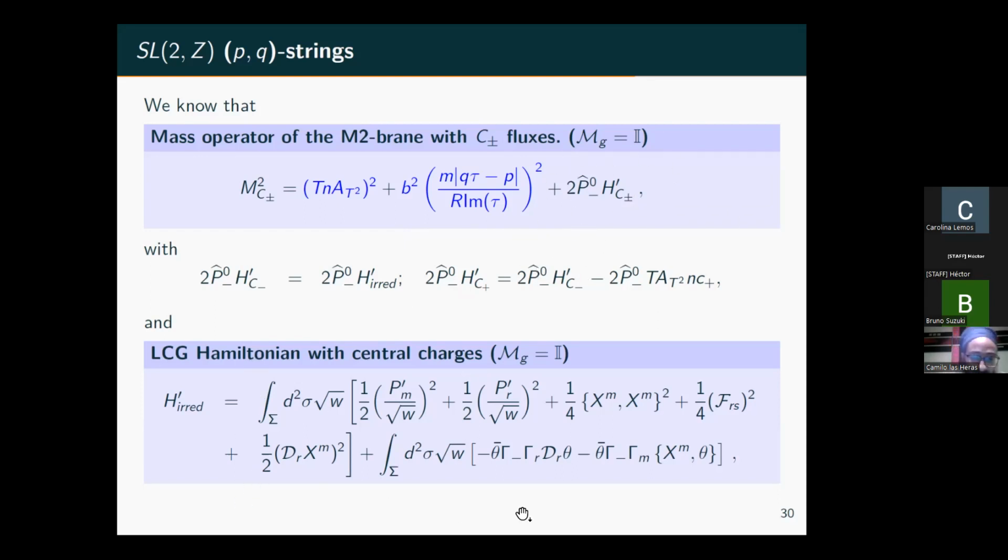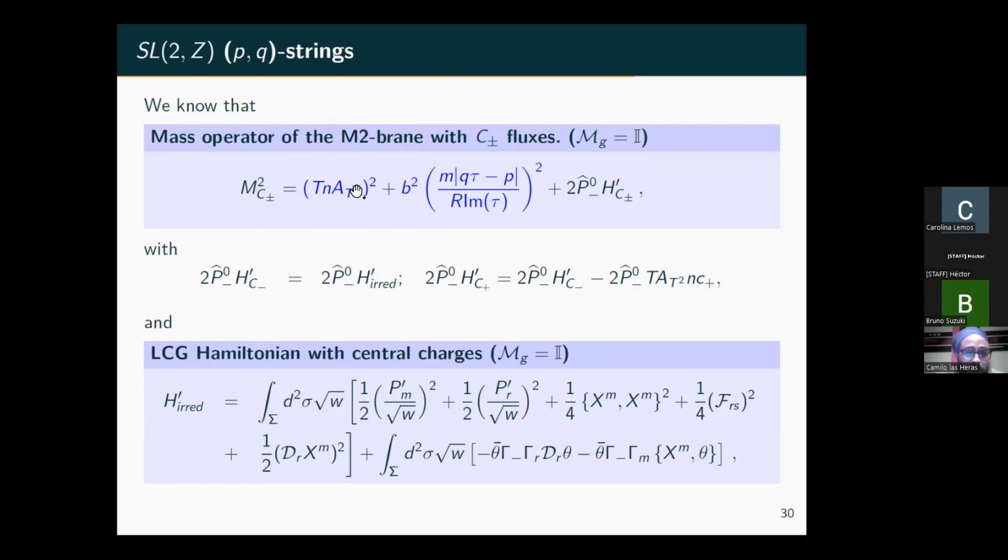It can be written in this way, where the prime is just to remind that we have taken out the zero modes of the Hamiltonian, and as you can see, the central charge term is not written in this Hamiltonian because it was used to reproduce the winding term on the mass operator.